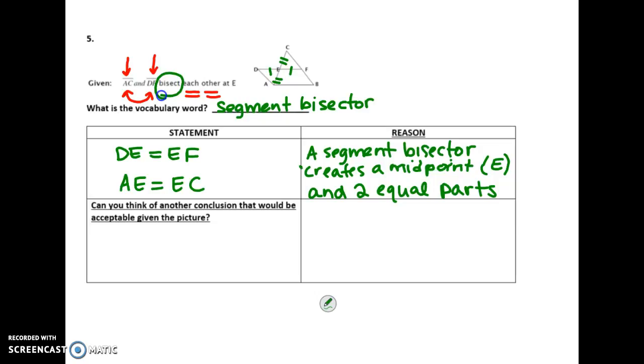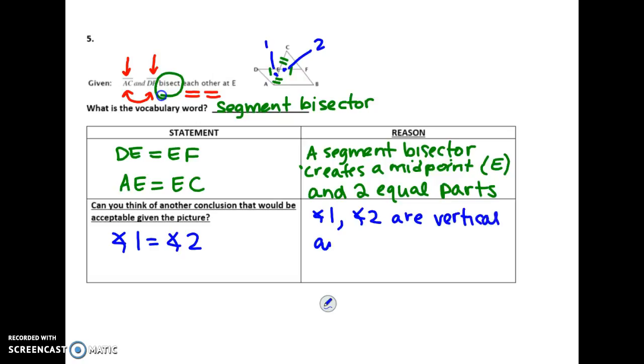Again, if we take a look at this picture, you can come up with a bunch of conclusions. In this case, I might see that this angle right here, I'll call it angle 1, and this angle right here are angle 2, and those are vertical angles. So I might be able to come up with this: angle 1 equals angle 2, and the reason is angle 1 and angle 2 are vertical angles, and vertical angles are equal.